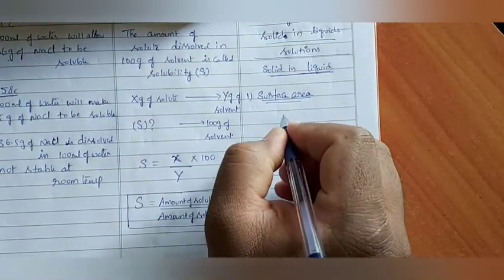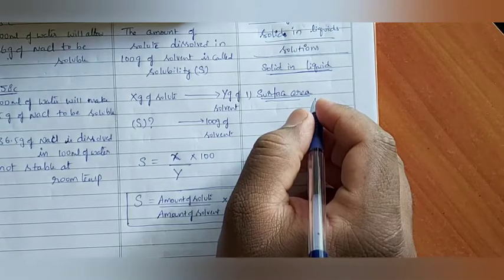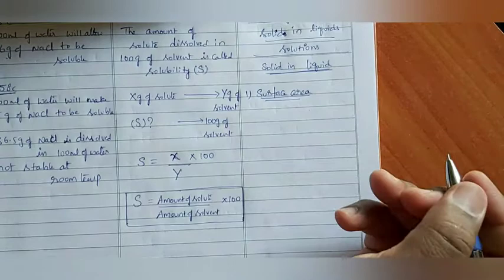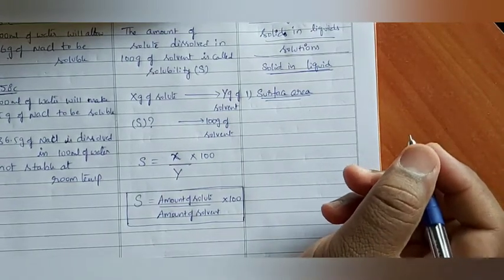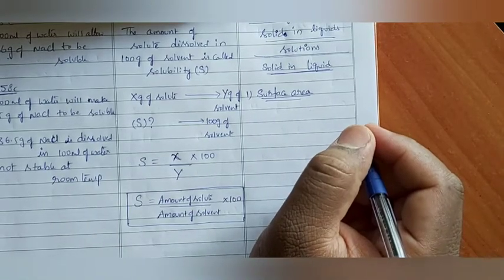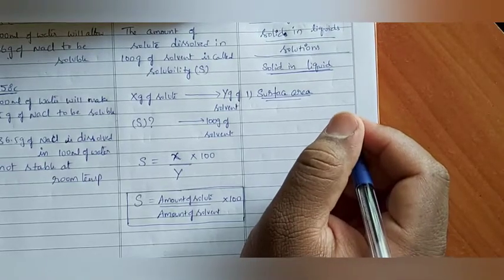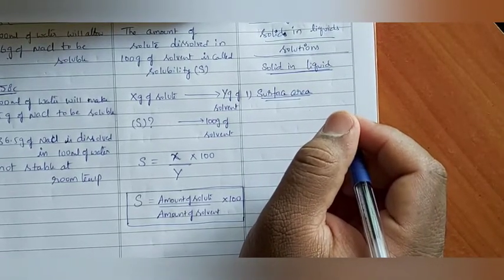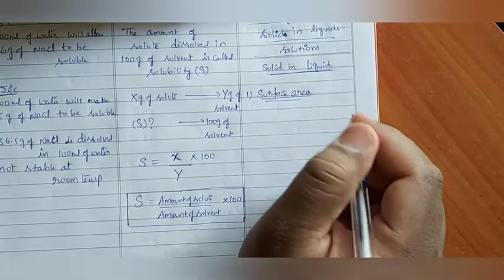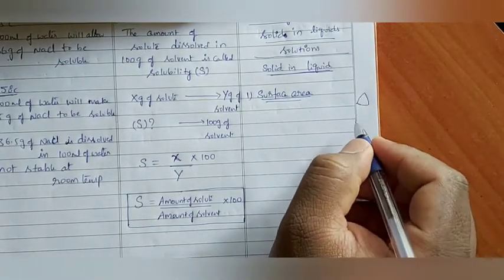To explain this surface area, one small example is crystal salt will be soluble in water easily, or powdered salt. Nowadays we are not using crystal salt, we are using powdered salt only. Among crystal salt or powdered salt, which one will be highly soluble in water? Obviously the answer is powdered salt, because crystal salt contains big crystals.